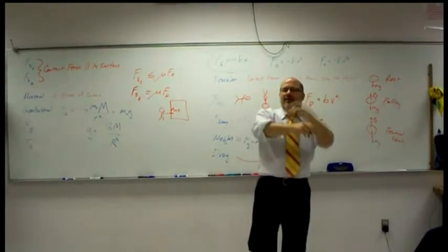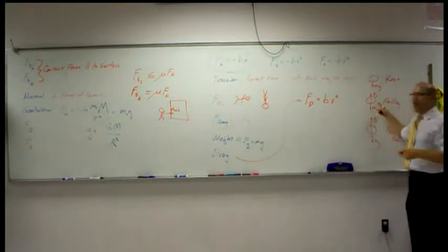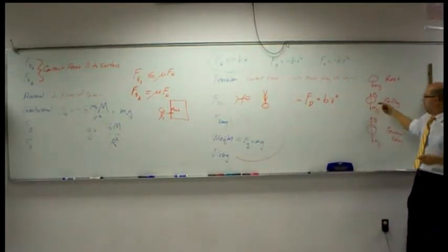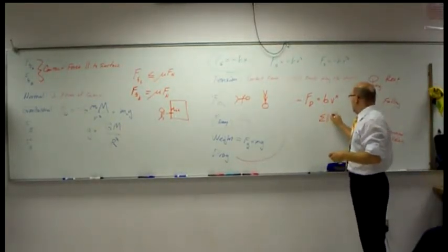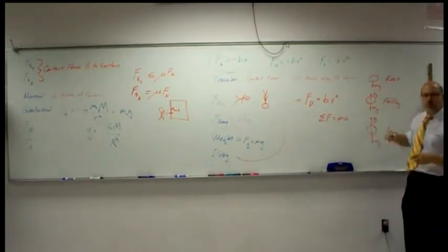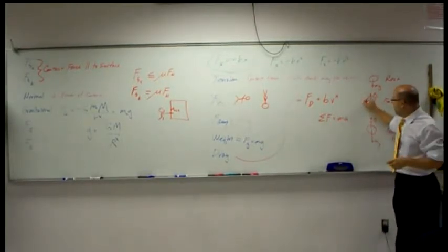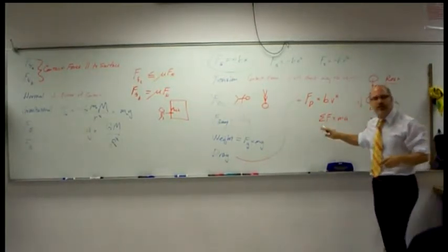Now, everyone, I'd like for you to write F equals ma for this situation right here. Which way do you want to be positive? Down. Sounds good. All right, write F equals ma, please.